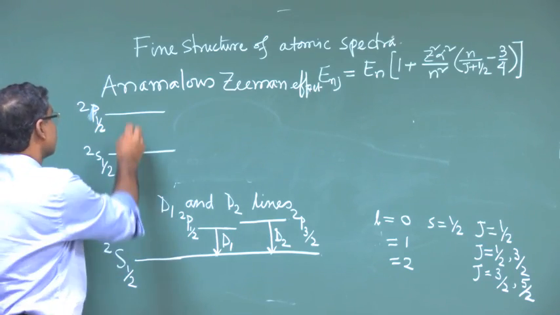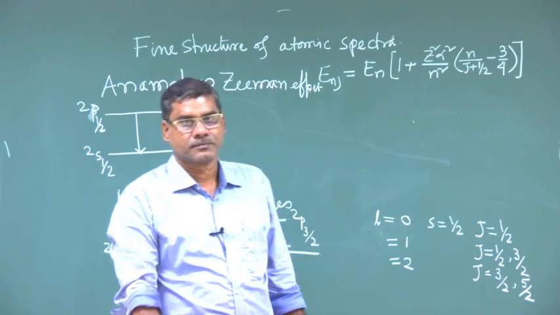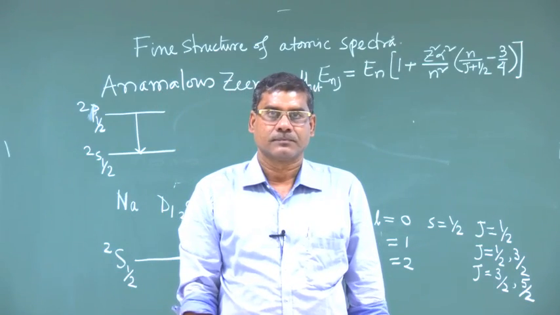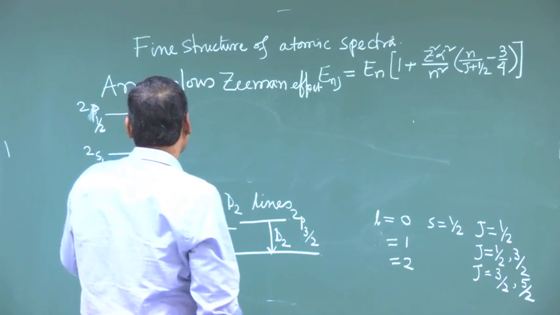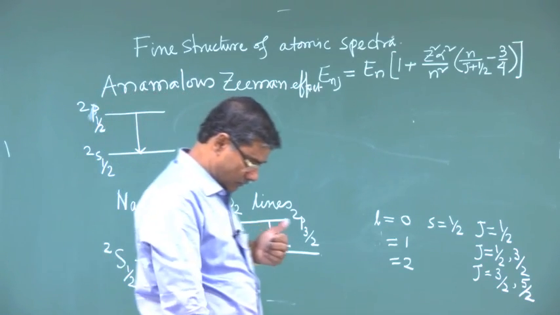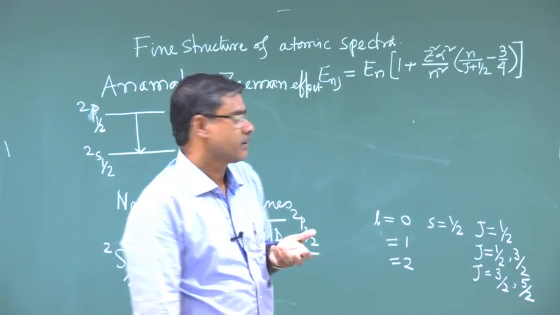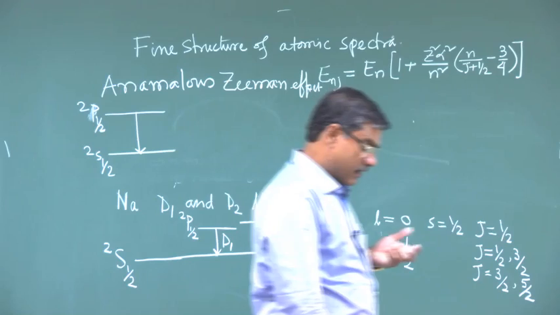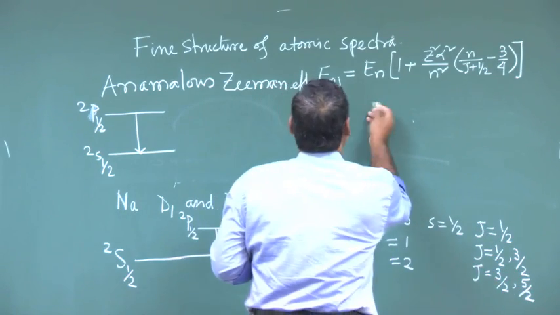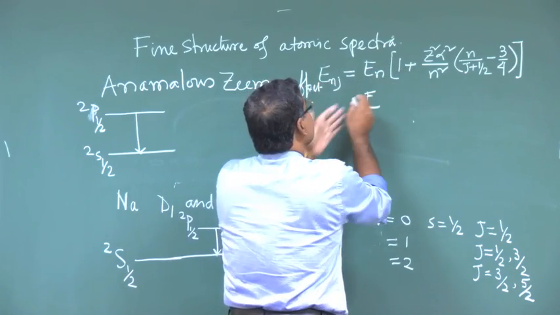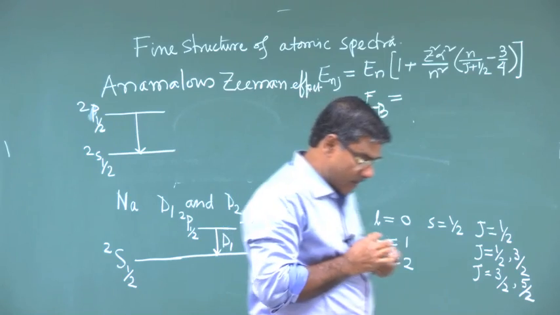Now, when you apply a small magnetic field, what happens, that is what we want to see. There will be a change of energy due to the magnetic field, similar to what we have seen earlier, an additional energy due to the magnetic field.